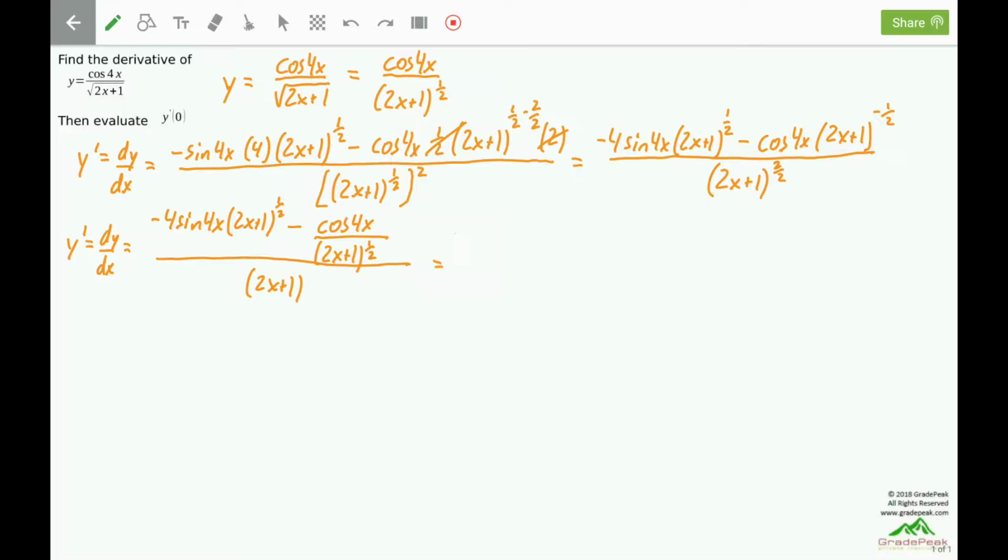So I need to multiply this first one by a 2x plus 1 to the 1/2 over 2x plus 1 to the 1/2, a form of 1, so that we can produce the common denominator with this other fraction, minus cosine of 4x all over 2x plus 1 to the 1/2 power, and then this entire thing is over a 2x plus 1.